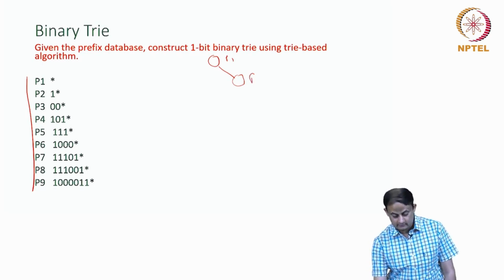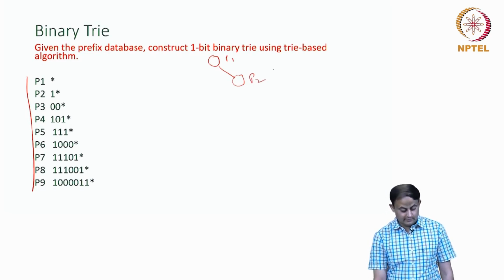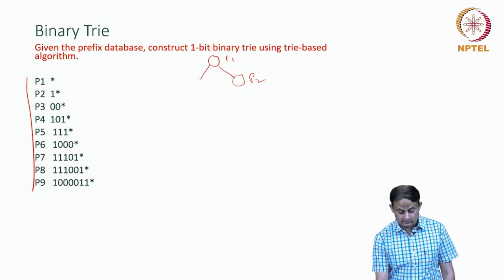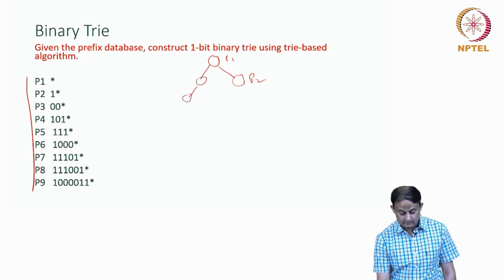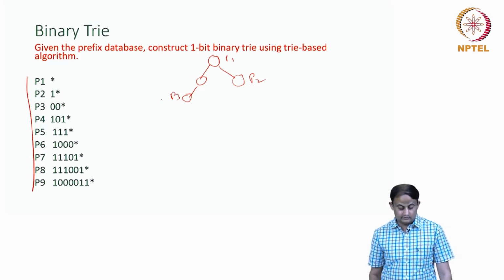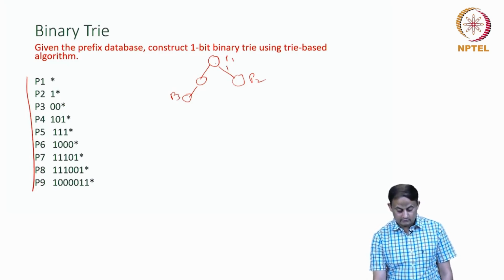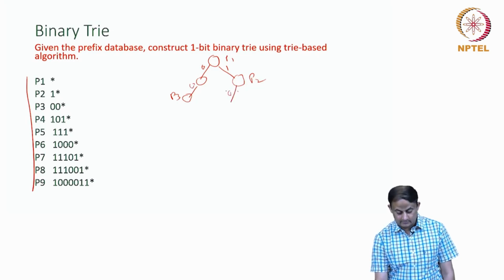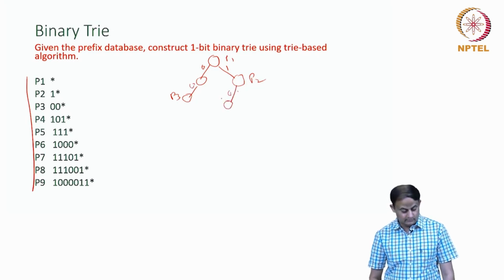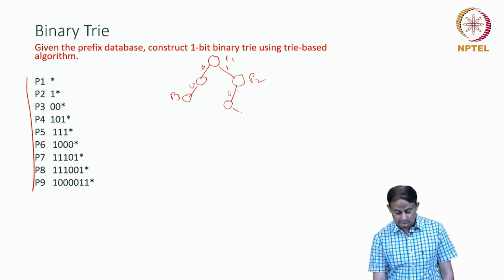This is my P2. P3 is 0 star, so I come to the left and have a node. This is my P3. P4 is 1 0 1. The 1 is already there, then I go to the left and have a node on 0, and then on 1 star I go to the right. This is my P4.